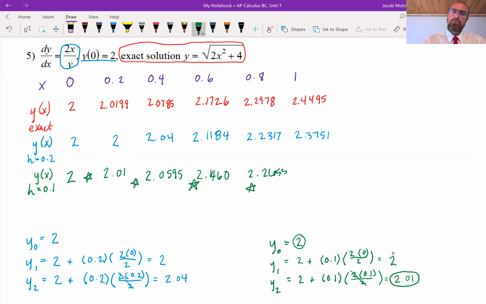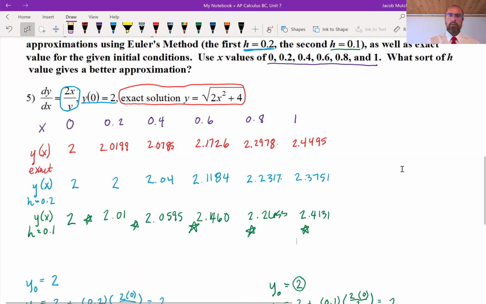This is closer to the exact value than the first approximation we'd run. And the last value confirms it, 2.4131, closer to the exact one than the step value that was larger. And that concludes our table.